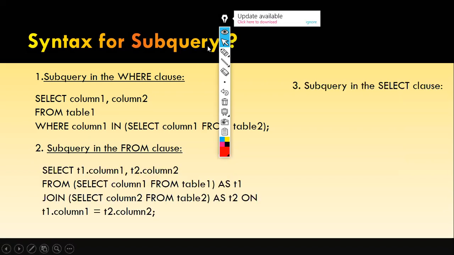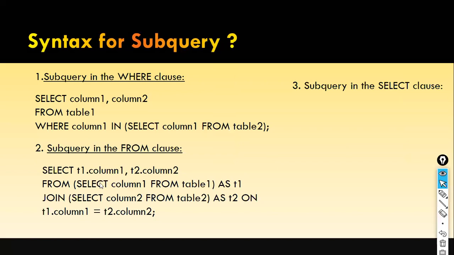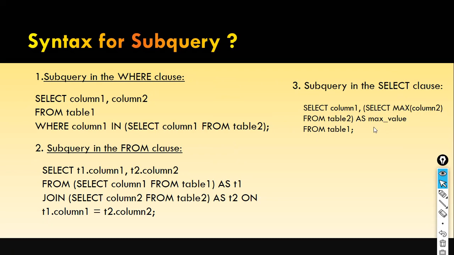And you can use a subquery in your from clause also. In this case, in the where clause, we use the subquery. In the from clause also you can use the subquery, and even in the join you can use the subquery, and you can use the subquery in your select list itself: column 1, instead of column 2, you can use this one also, from table 1.